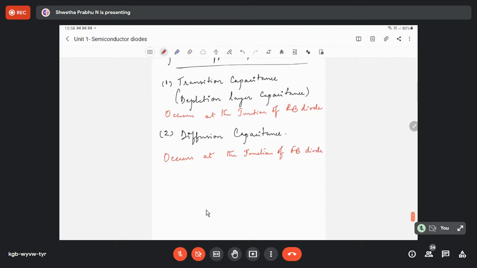So we shall see what is the principle behind these two capacitive effects.